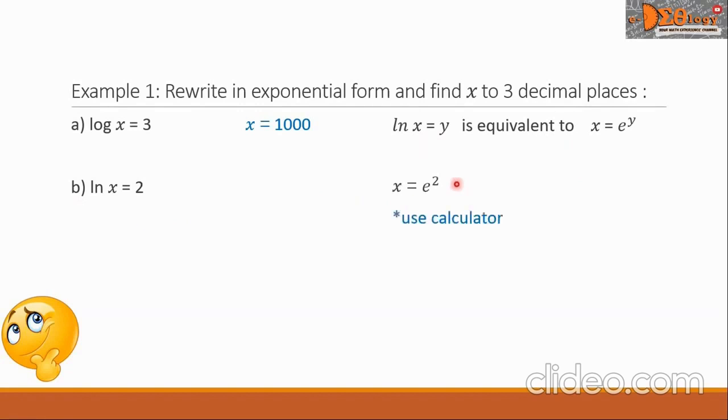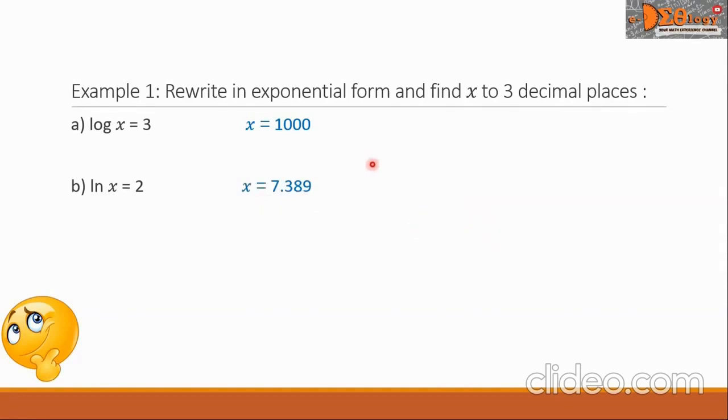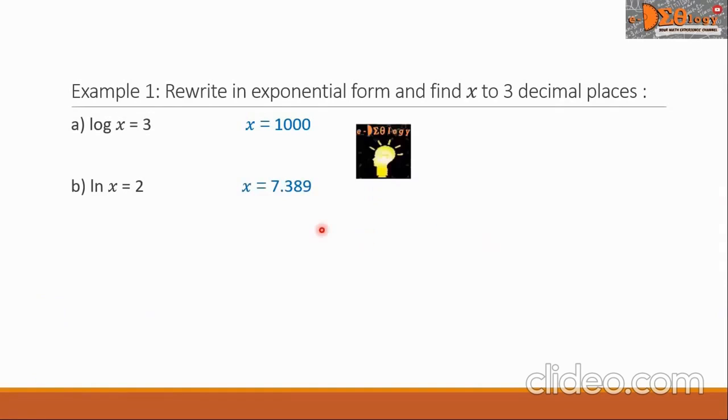And this e square, using calculator, we will get the value x equals 7.389. And this is the required value for x. We will copy this opposite problem B. Here we go. So we are done with our example 1. These are the final answers.